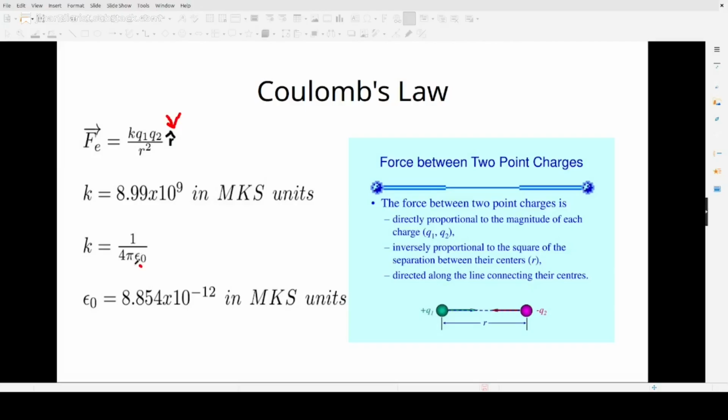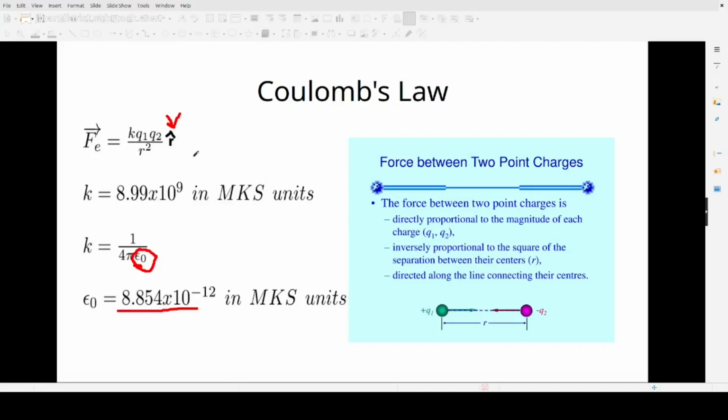Epsilon naught is what we call the permittivity of free space. What that says is how easily the electric field can transfer through something. That'll make more sense when we talk about dielectrics later on. But here are its units in MKS: 8.854 times 10 to the negative 12.